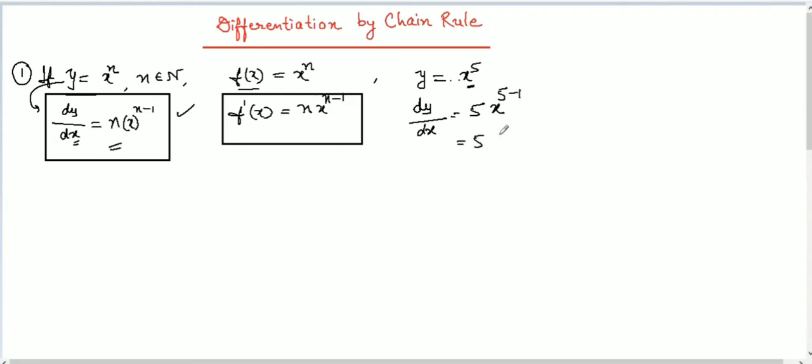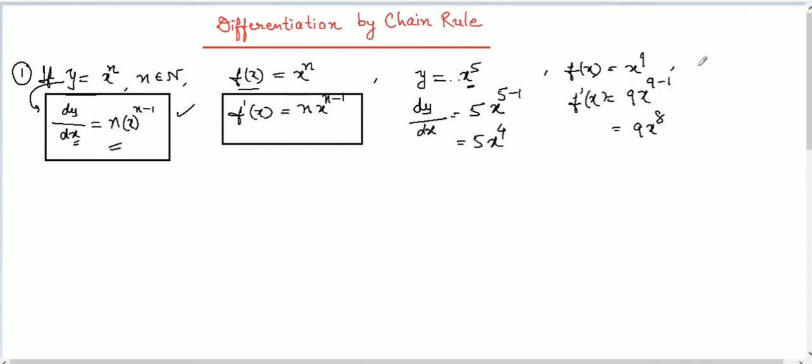So the answer is 5x to the power 4. Then take one more example. If you have the function f(x) equal to x to the power 9, how to differentiate this? Write f prime of x equal to, bring down the power in front of x, 9x to the power 9 minus 1. So the final answer is 9x to the power 8.